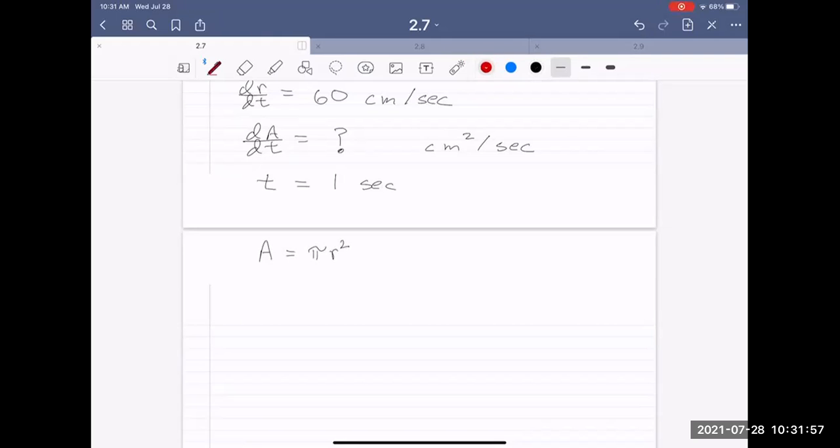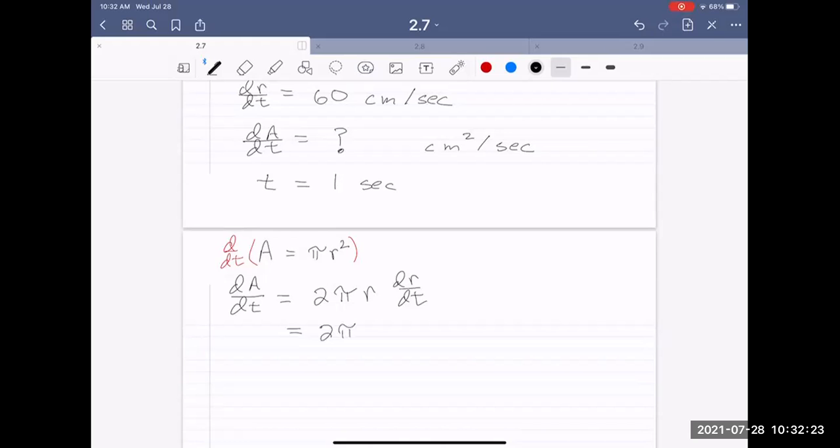Let's take the derivative of this with respect to t. So dA over dt is equal to, bring down the 2 out in front, rewrite what's inside, all times the derivative of what's inside. And now let's plug in what we know.